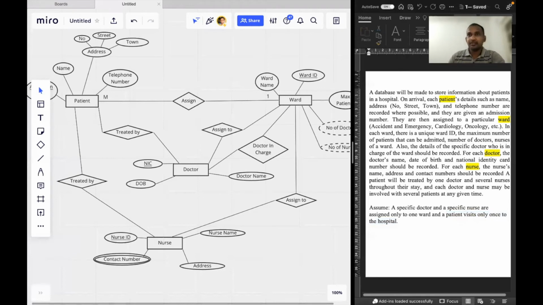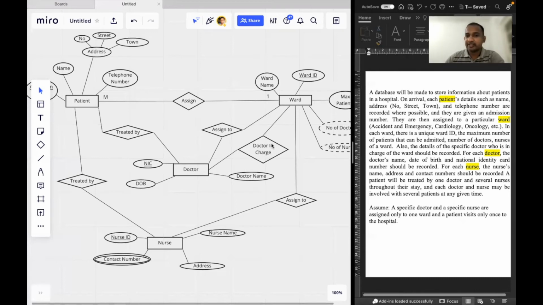Okay, let's go to the assigned to. A ward is assigned to a doctor, and for the doctor in charge, if you take the doctor, that doctor is in charge of a particular ward. Now take this in charge part.